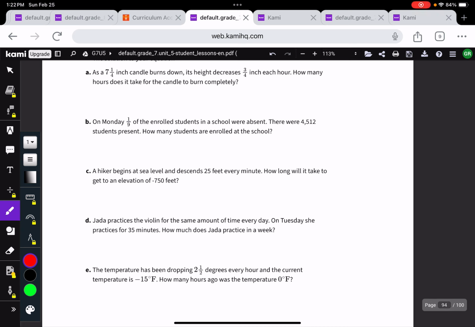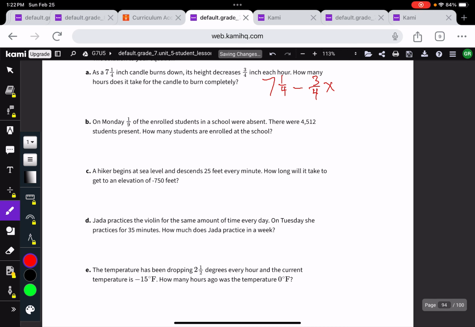Our first instinct is maybe to saying, well, 7 1/4 minus something, and that's fine. We could write it the way our instinct's saying. We got 7 1/4, and we're taking off 3/4 of an inch for a certain number of hours.